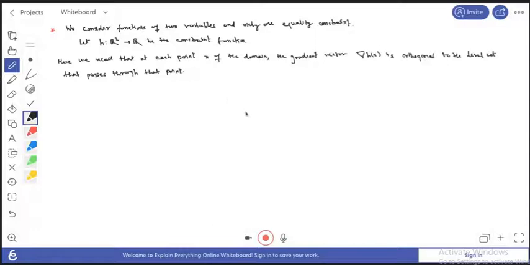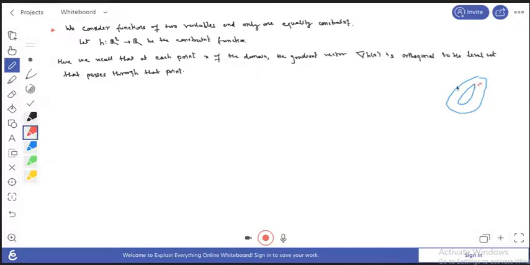Okay. So suppose this is your point, any point x star, and suppose these are your level sets. Okay, so there are some level sets here, and this point is your x star.